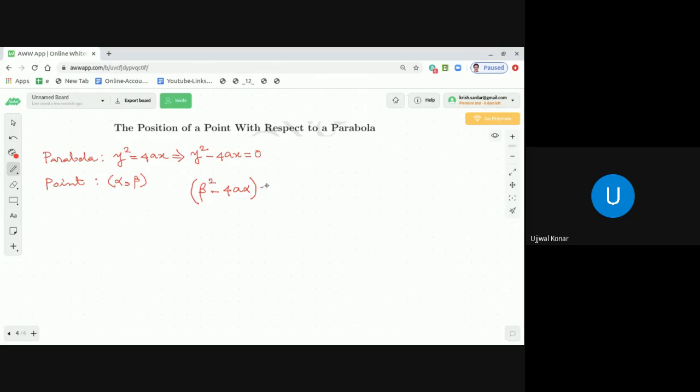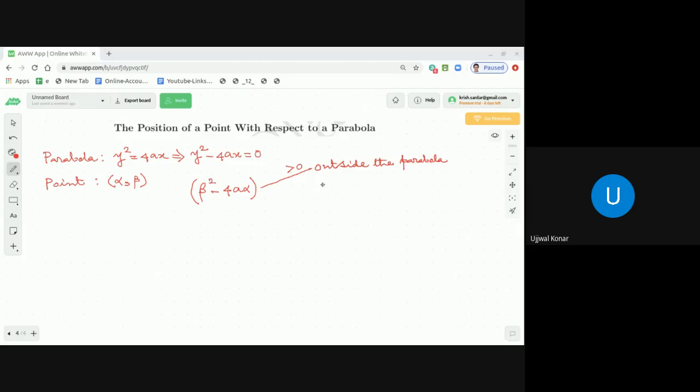If the value of the expression is greater than 0, then what can we say? We can say it is outside the parabola. Let me write properly. Sometimes in the digital board I face problems in writing. Outside the parabola.